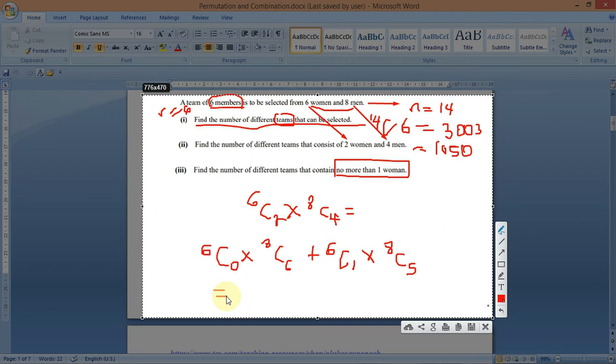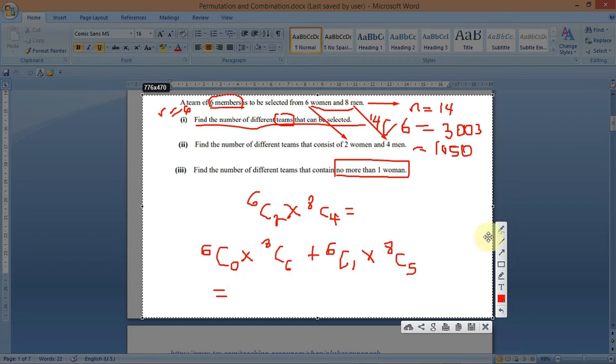Okay, sorry about that, so let me do that again. Let me just write the answer so that you see what I'm doing. I don't need to be too fast. 6 combination 0 is 1.